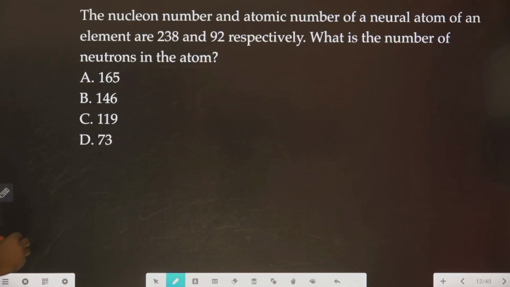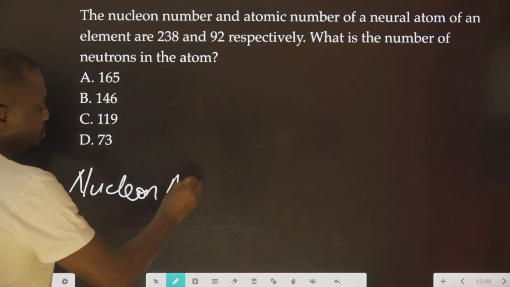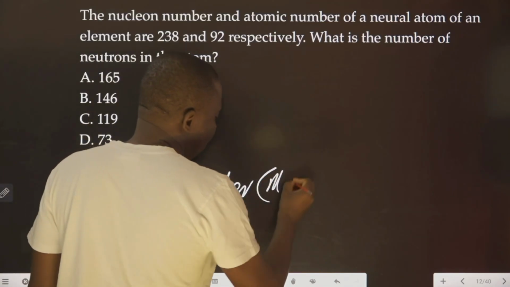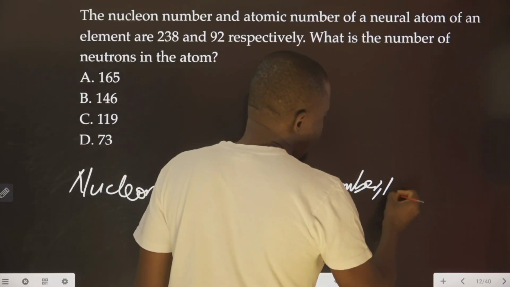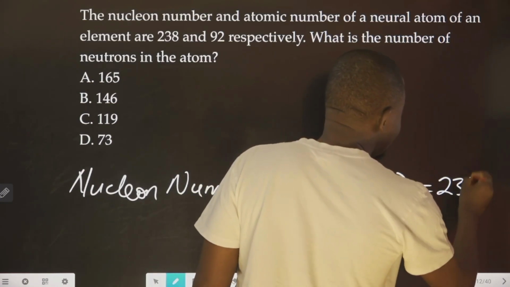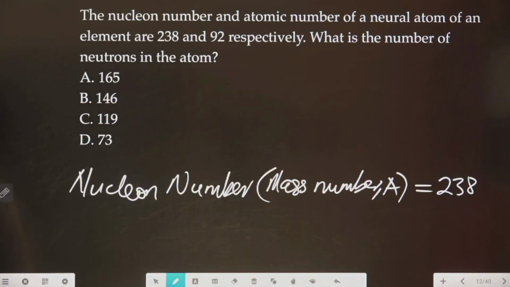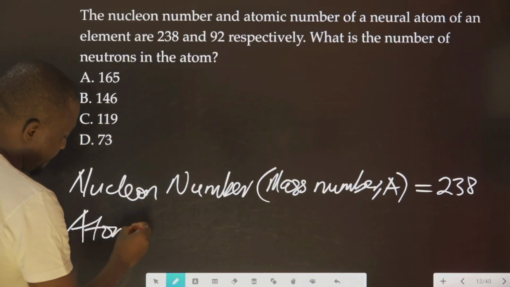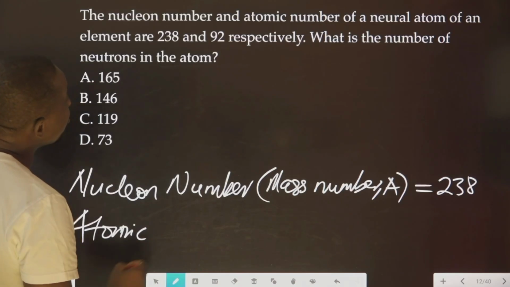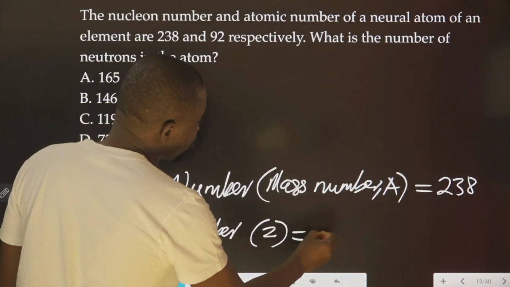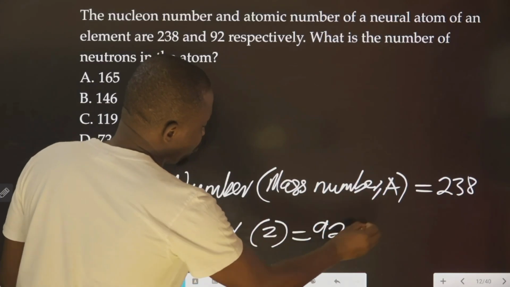The nucleon number, which you can also call the mass number, A, is equal to what? 238. Okay? Also, we are given the atomic number, Z, as equal to 92.